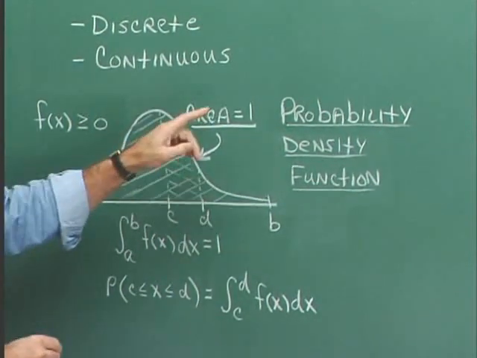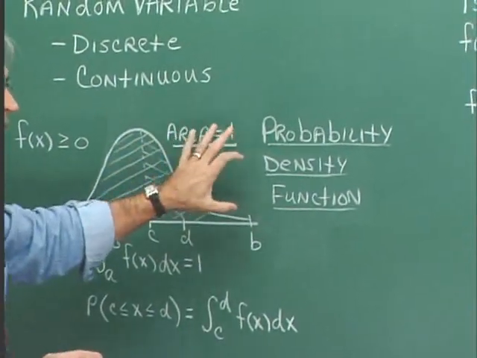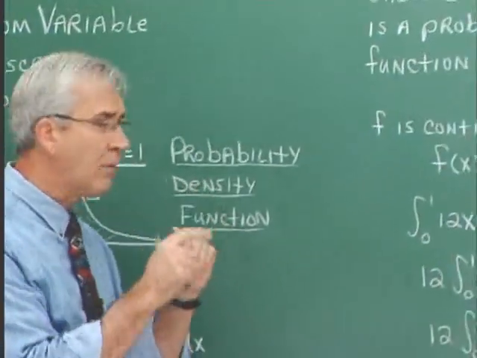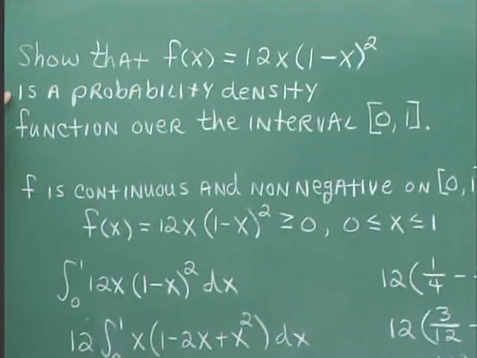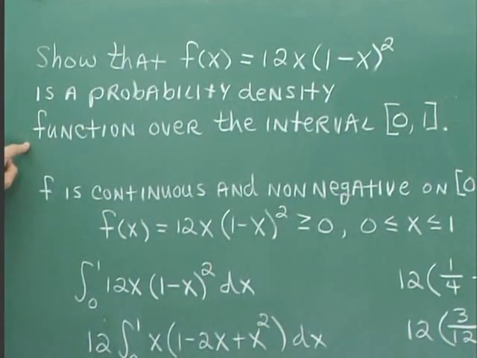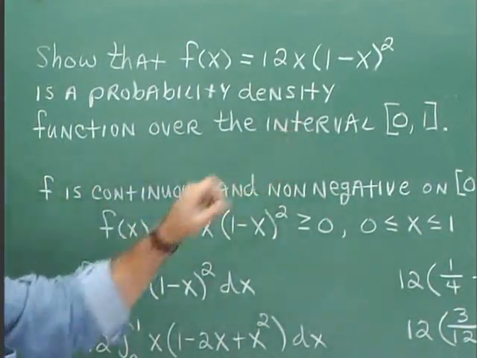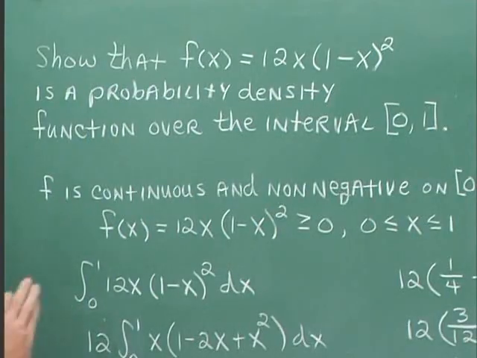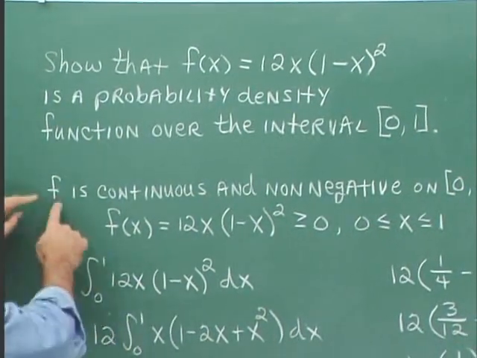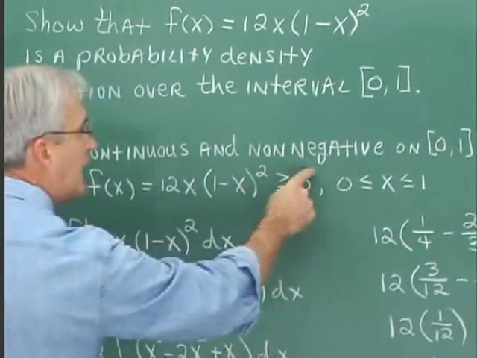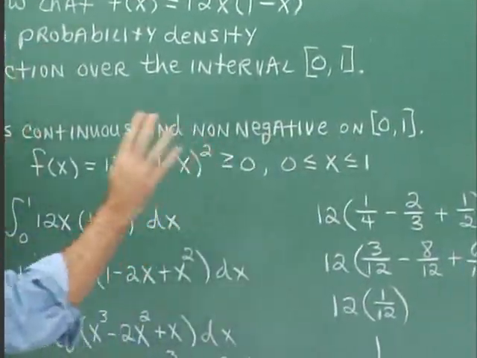Let's talk about probability density functions and showing that we have that kind of condition. Show that f of x equals that function is a probability density function over the interval from 0 to 1. Well, the first thing we have to establish is continuity and the fact that the function is non-negative. And so f is continuous and non-negative on the interval. We just have to say that.